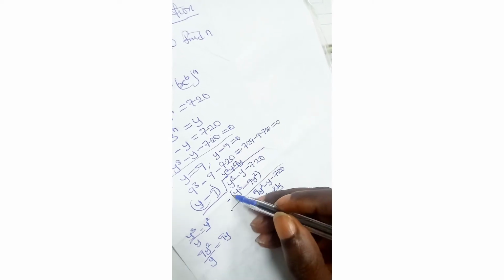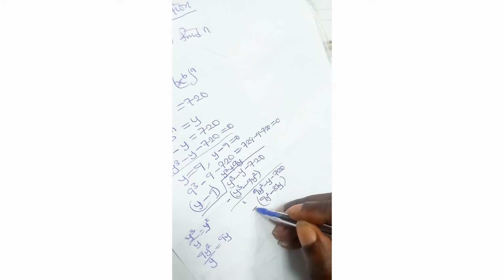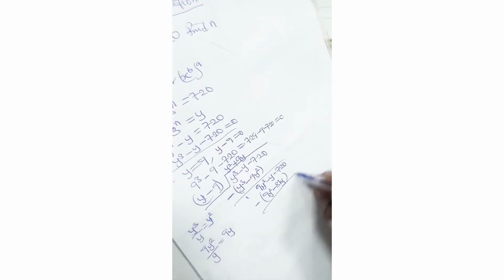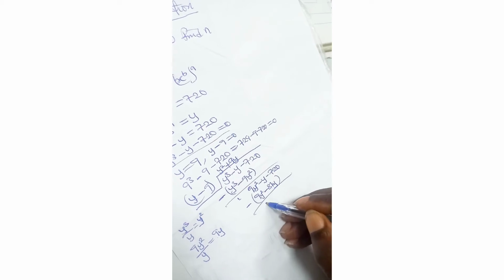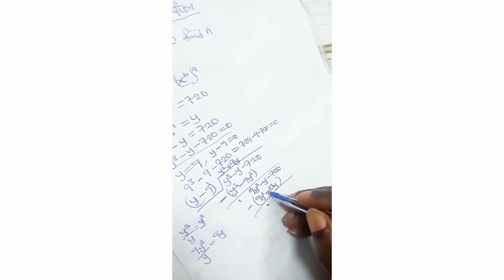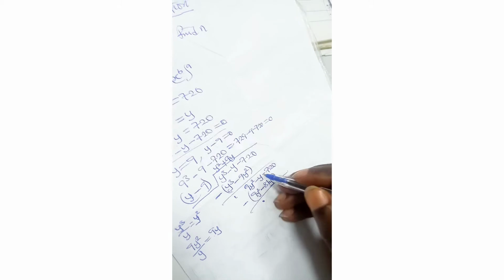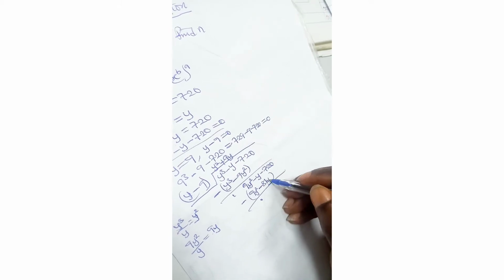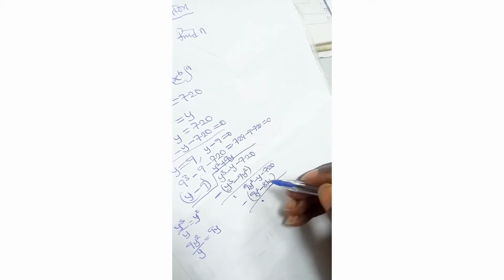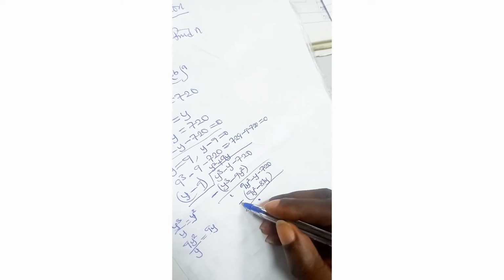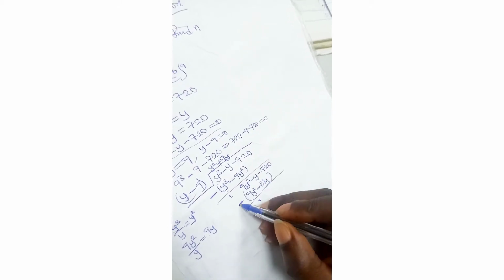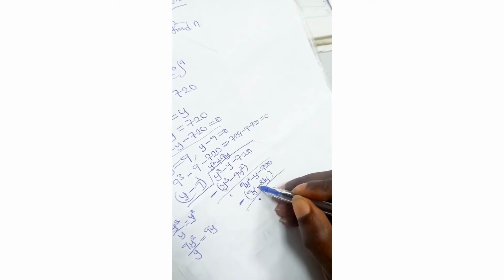So remember what we did here, we put it in bracket and put minus. That's the rule. Then this is plus, this is minus, this is 0 here. Now this minus times minus is plus. Then you have 81y, then plus 1y. Remember this is minus times minus is plus, right?